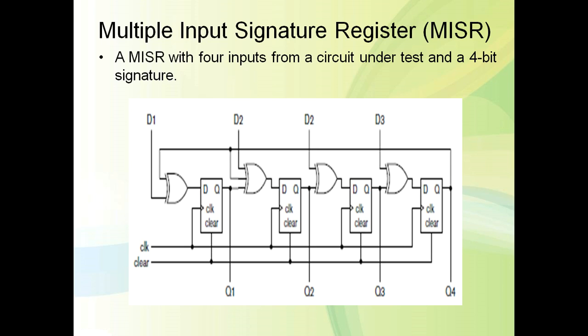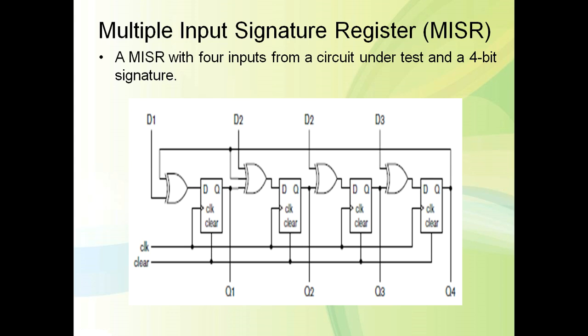So the correct response is stored in the signature register. The response generated by the circuit under test, that is the data inputs, is compared with the correct response for a particular sequence generated by the LFSR.